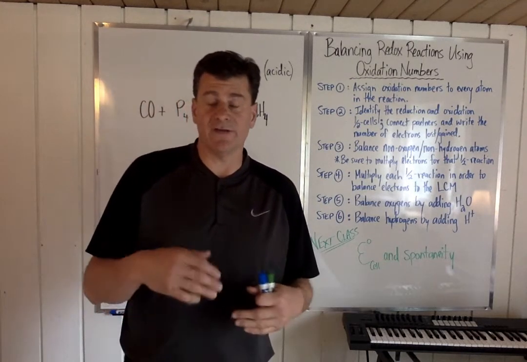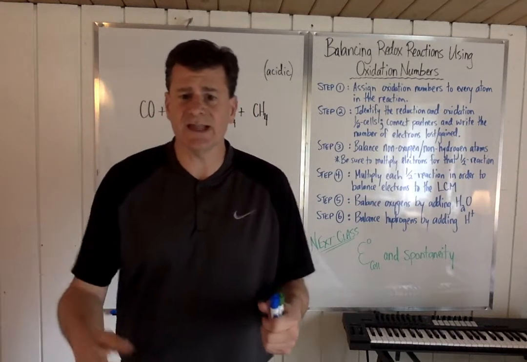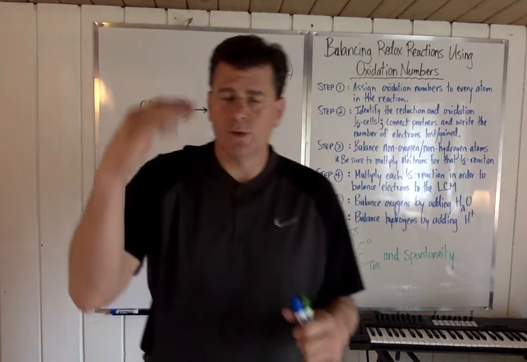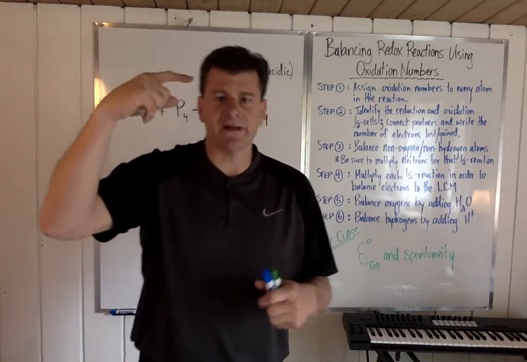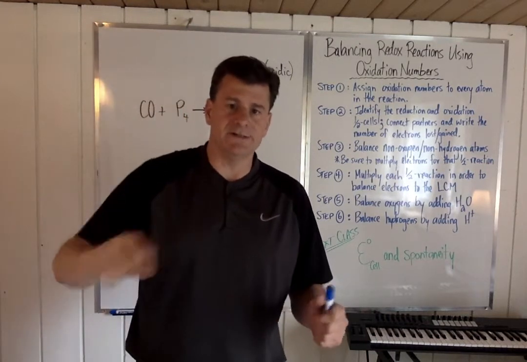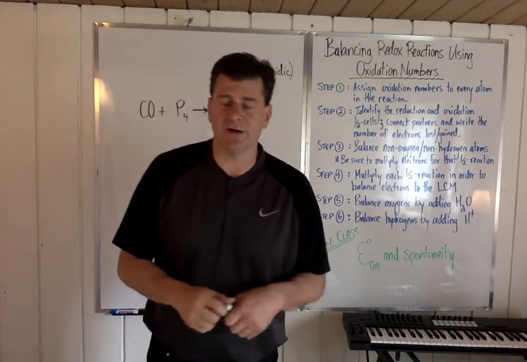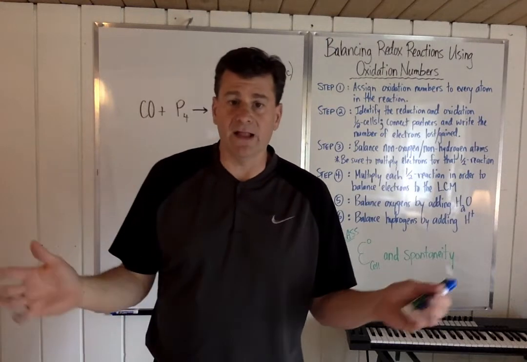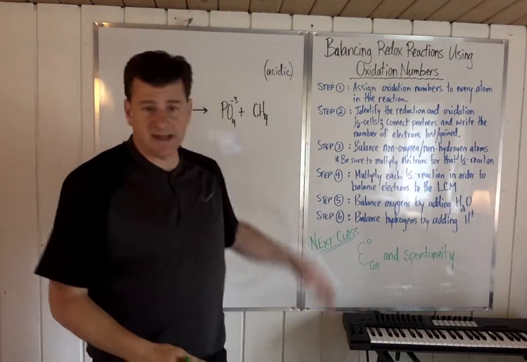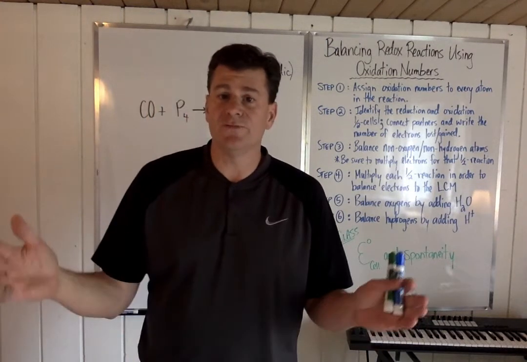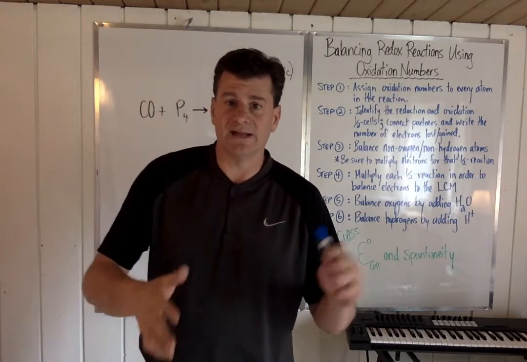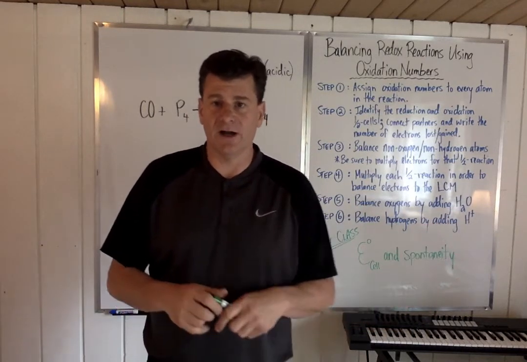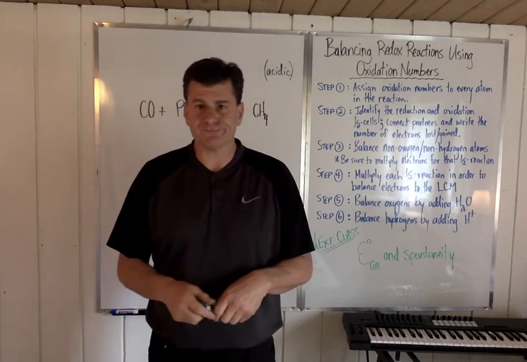Just like in the half-cell method, once you've got the steps in your mind, you go, okay, done, done, done, done, done. When you get to the very last one, step number 6, once you've done that last step, you've got a balanced redox reaction. You move on.